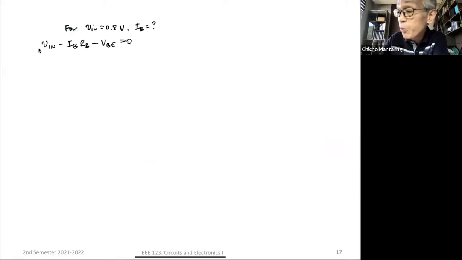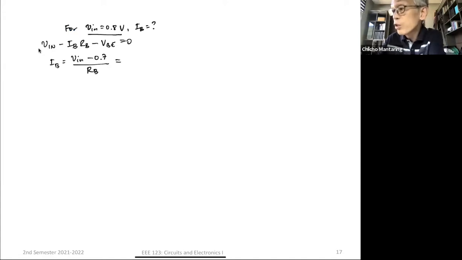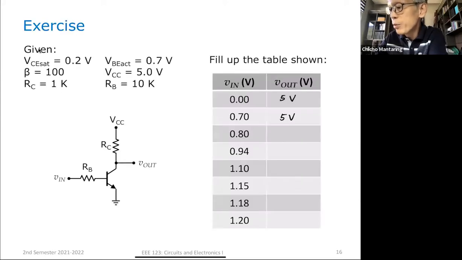Okay, so I can now compute for IB. IB is equal to Vin minus 0.7 all over RB. But Vin is equal to 0.8. So this is 0.8 minus 0.7 over 10K, because RB is equal to 10K.